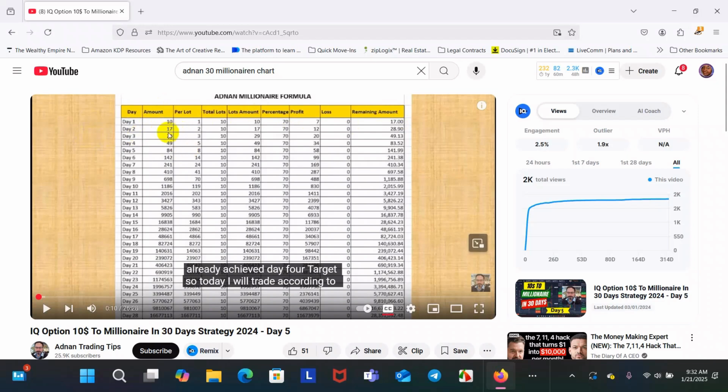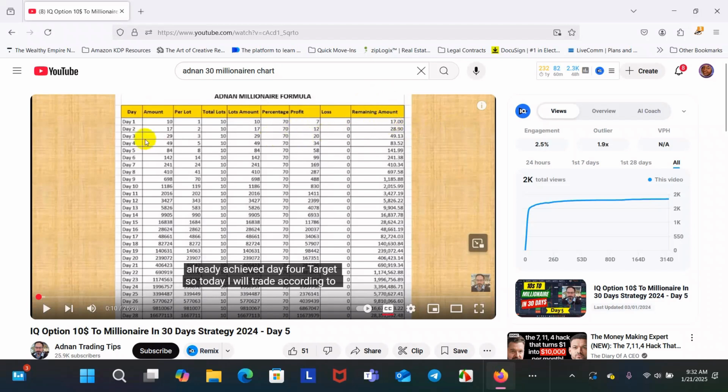So if day two's target is $12, then at the end of the day, you'll be looking at $28.90 according to his chart. Okay, so if you lose, and this is what God put into my spirit, Shonda, you don't want to lose any more than the previous day.